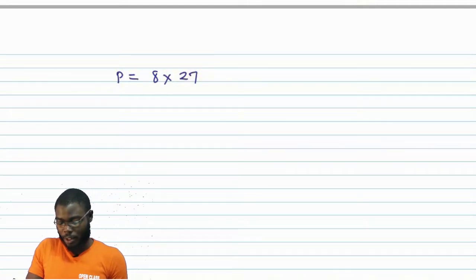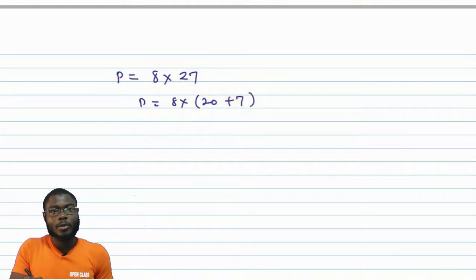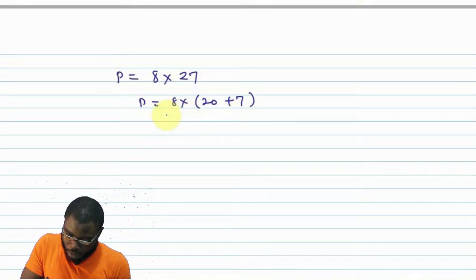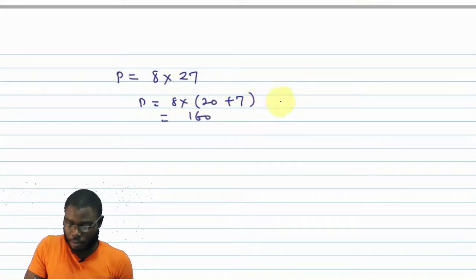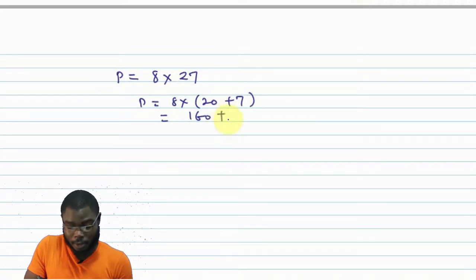So just a simple trick, p equals 8 times 20 plus 7. So 8 times 20 you have 160, and then 8 times 7, what's 8 times 7?